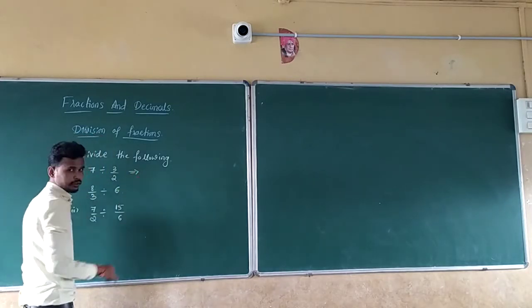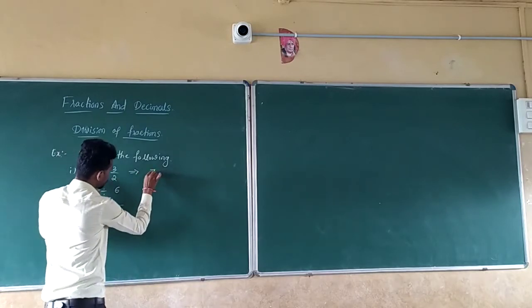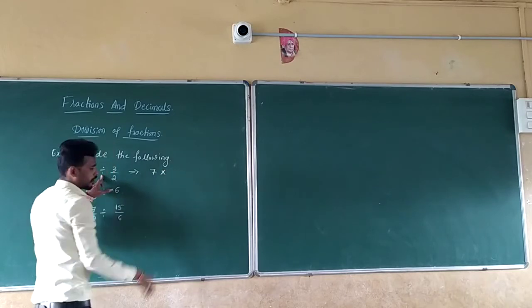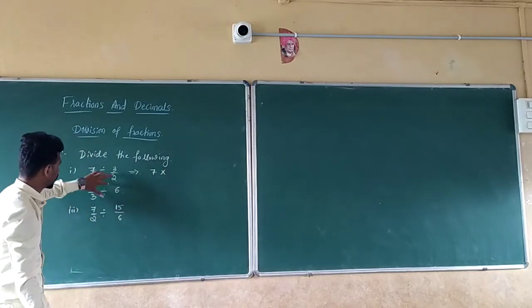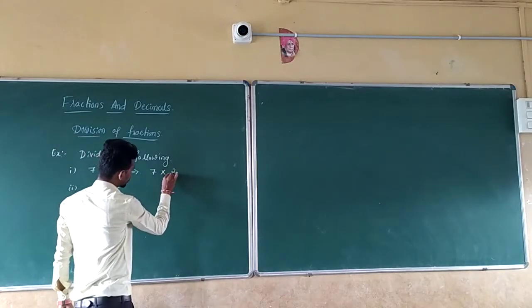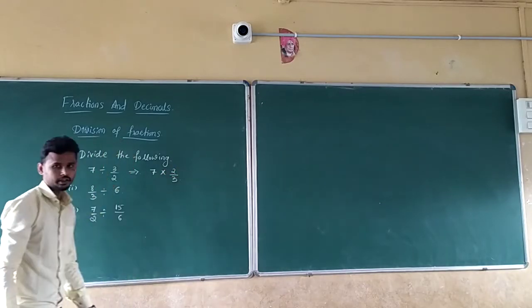So for dividing the fraction, keep the first number as it is. Now change this symbol, division, into multiplication, and reverse this one. That is, 3 by 2 will become 2 by 3.